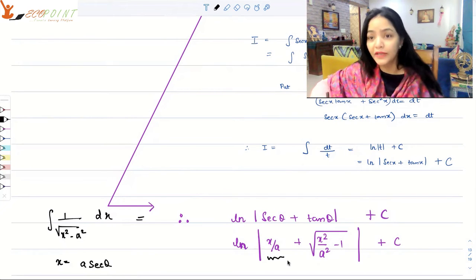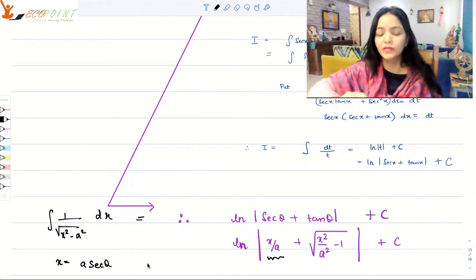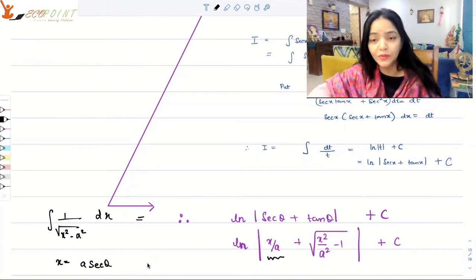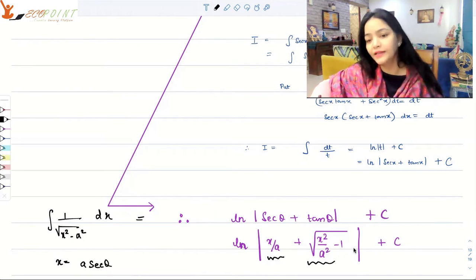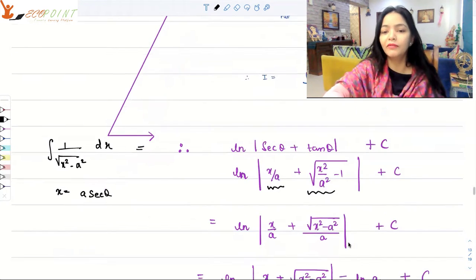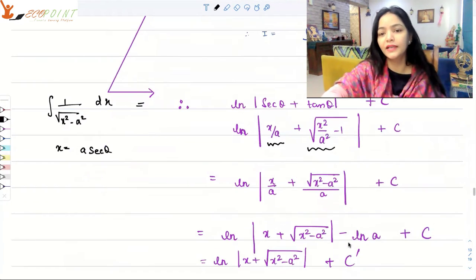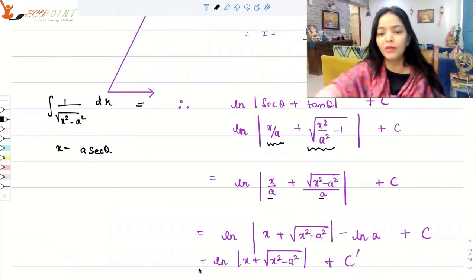So we have log of x by a here, plus, using the identity that tan square is secant square minus 1, you get square root of x square by a square minus 1. So log of this plus c. Now simplify it to some extent, if possible. A could be a common denominator here, which can come out also.